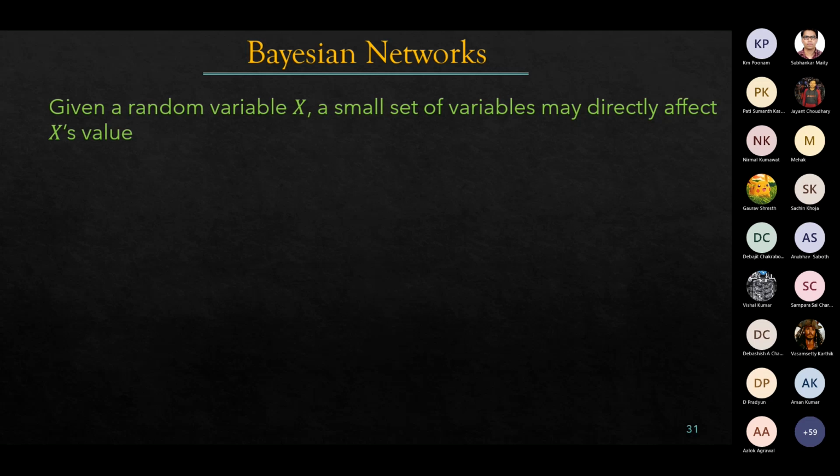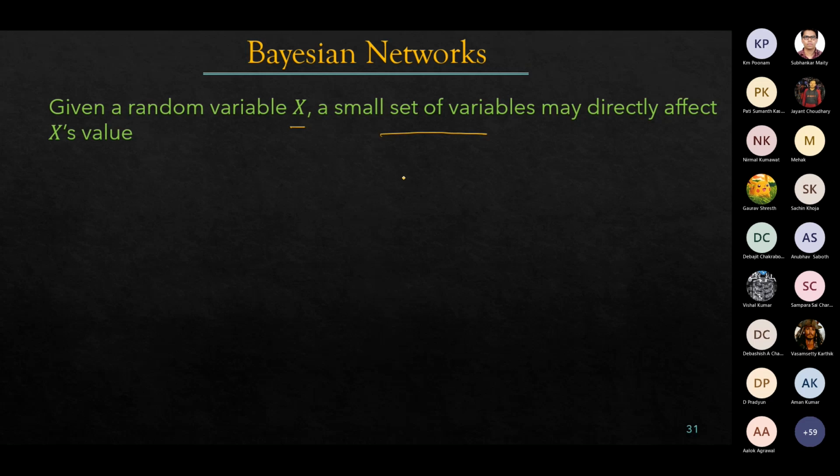Now with this, let us define what we mean by Bayesian network. What we have seen earlier is that even though we have plenty of variables in our knowledge base or in our domain, for a given random variable x, there is a very small set of variables that may directly affect the value of x, right? So whether there is a fire or not may depend on whether someone is lighting a cigarette inside the building or not.